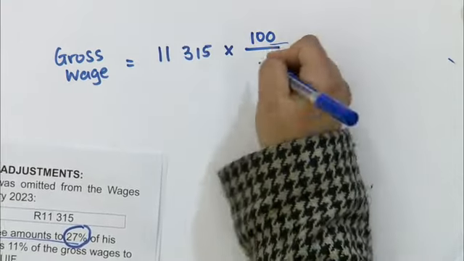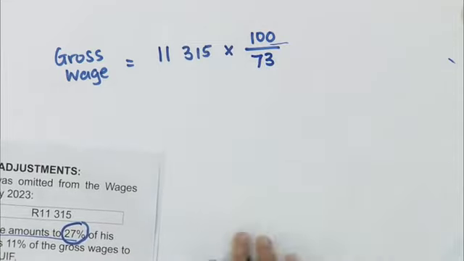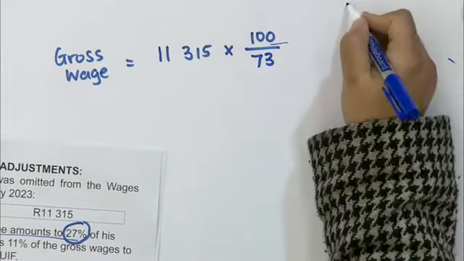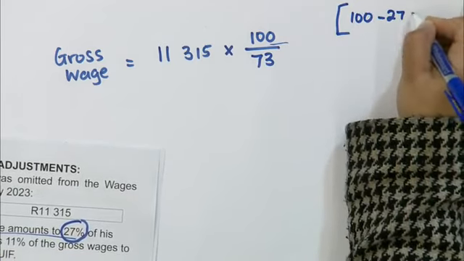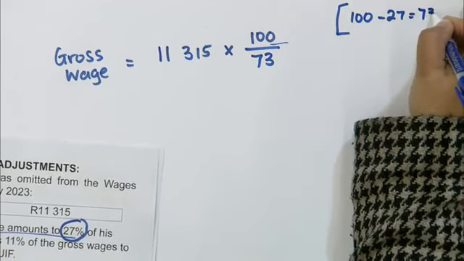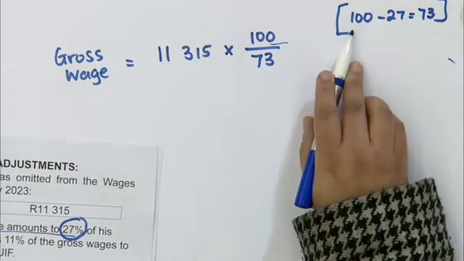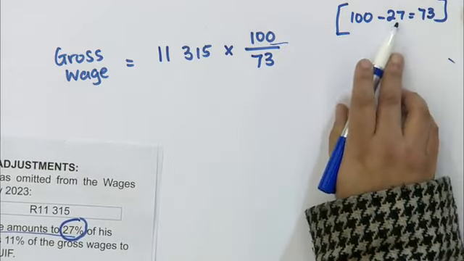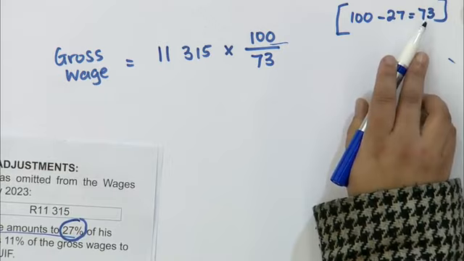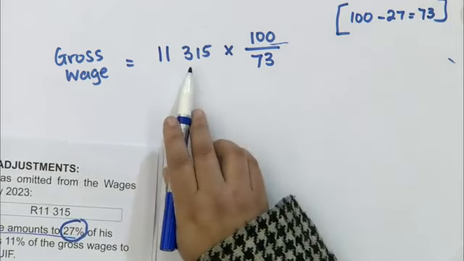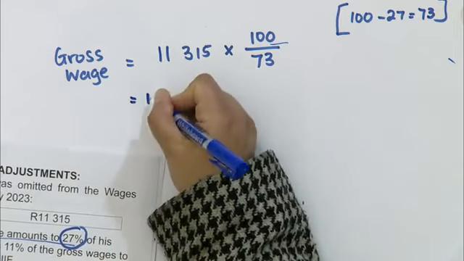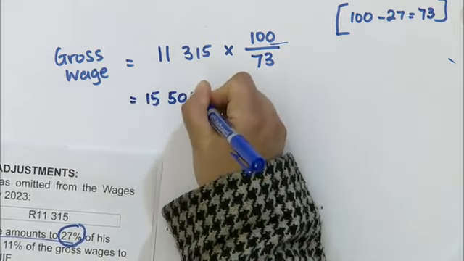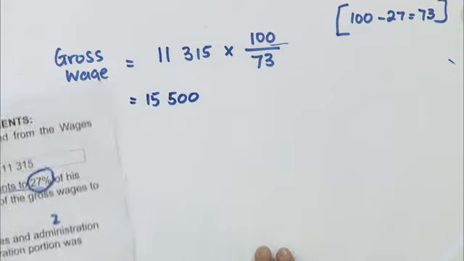So now, what do we have? We have 73%. How did I get 73%? Just a side note, I said 100 minus 27 will give me my 73. So my gross wage minus my deduction gives me my 73. And that 11,315 will give me my gross wage of 15,500. So we're happy with that, okay?